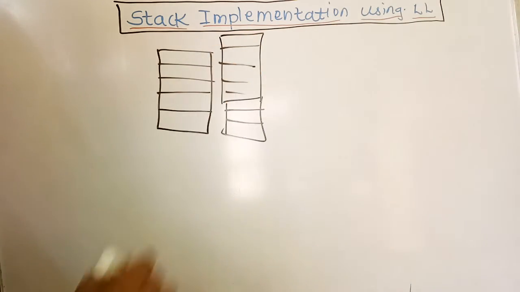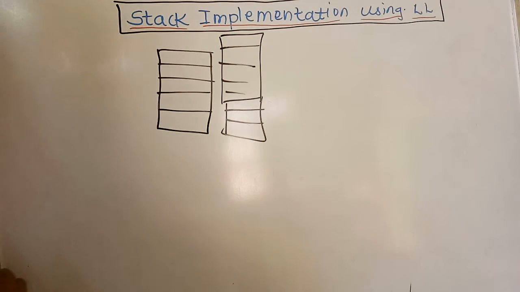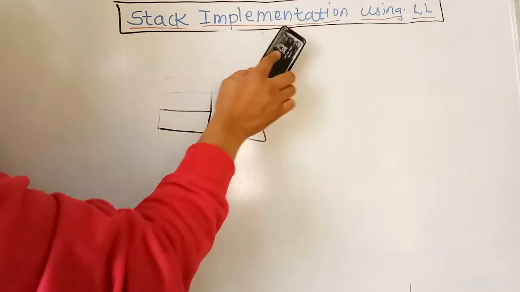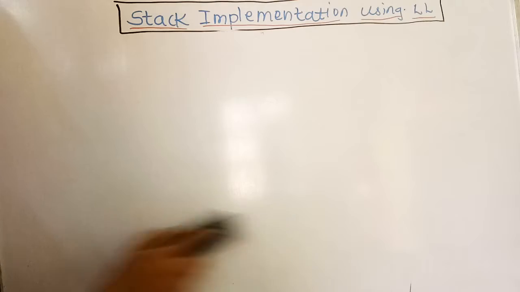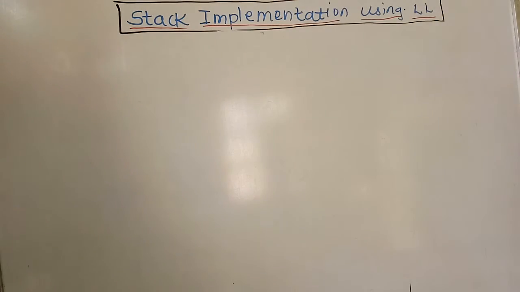You have no access to increase or decrease the stack at the time of execution. So this is one bigger drawback associated with the static stack implementation. To overcome this, we have to use the linked list for the stack implementation.